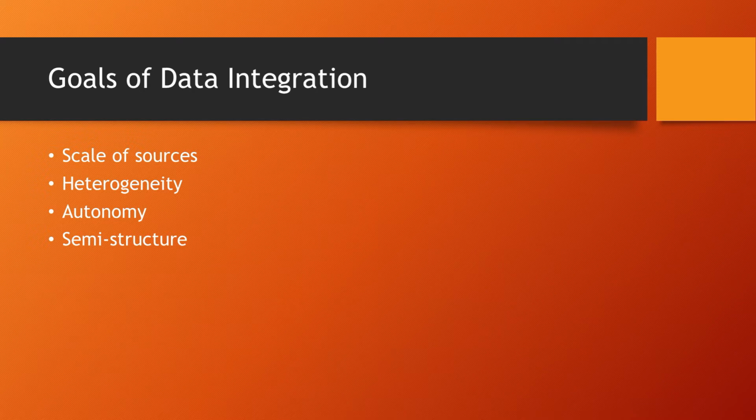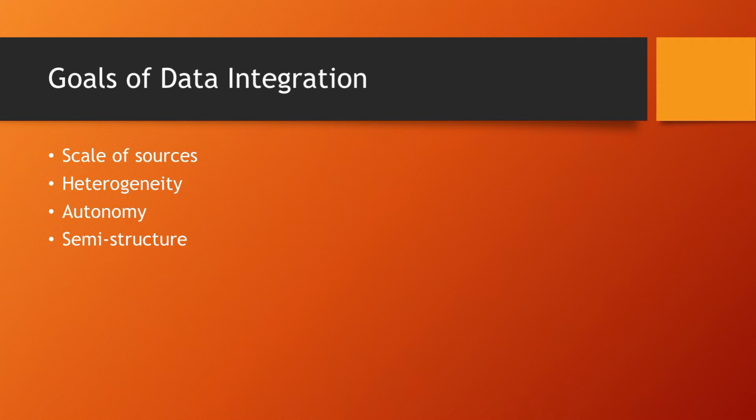Now, what are the goals of data integration? We have uniform query access to a set of data sources handled. Number one, we have the scale of sources, which is from tens to millions. The heterogeneity, which is from different kinds of sources, from different databases and flat files.